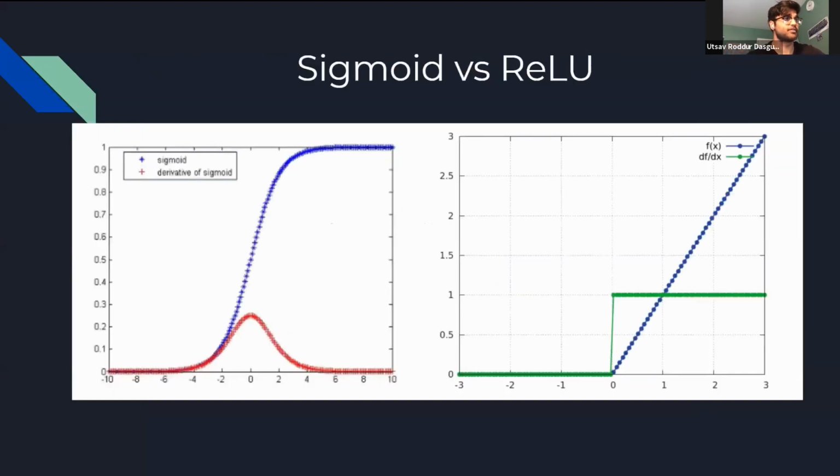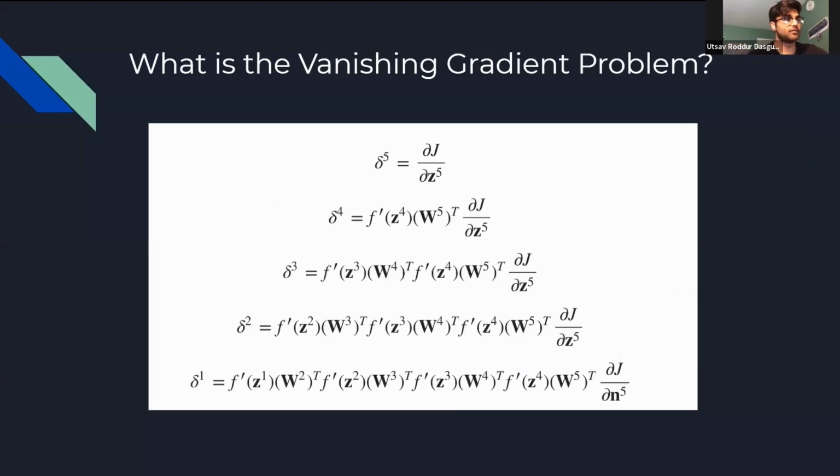As an example of that, in the article Andrej wrote, he talked about vanishing gradients. For those of you who are not familiar, you see all these terms. Delta 5 is the error from the last layer of the network. Then you work back to delta 4, the fourth layer, the third, second, all the way down to the input layer.